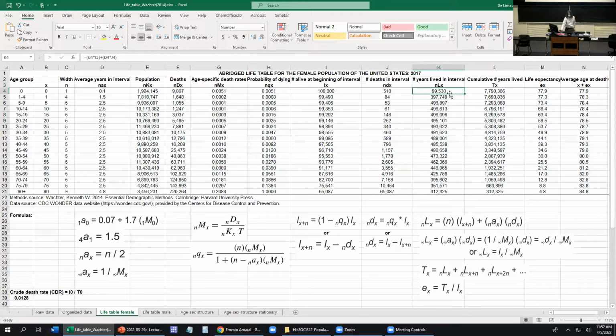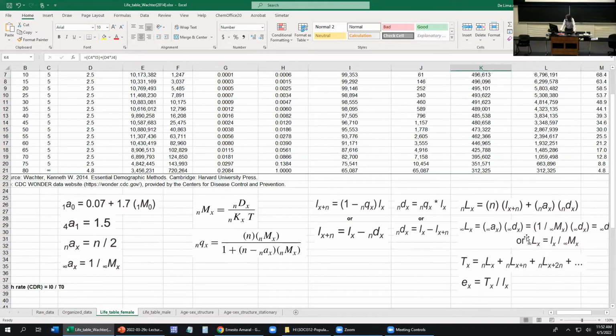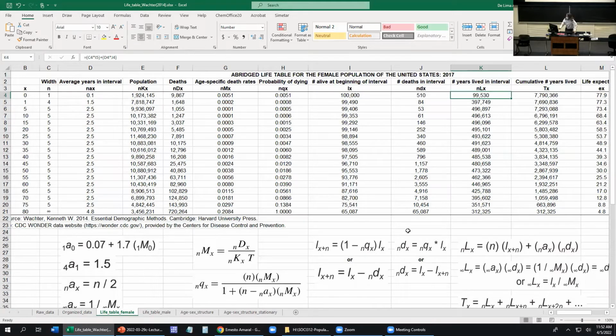And then comes the number of years lived in the interval. We talked about that before. Let me make this one a little bigger. If nobody died in this first age group, and all these 100,000 people reached age 1, then the number of years lived in this interval would be 100,000. Then we would have 100,000 reaching the next age group, and here we would have 400,000, right?